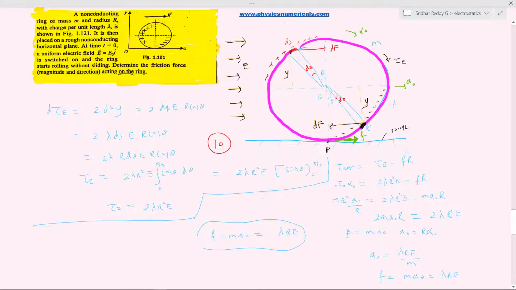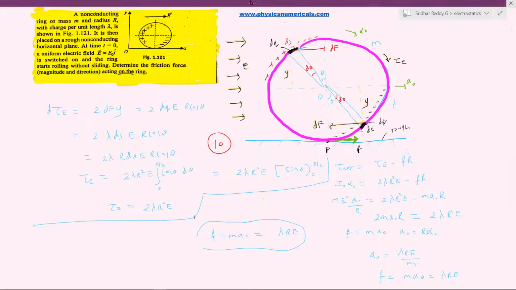I'll shade it because of the colors. There's a ds, let me write all the things. It'll be easy for you.